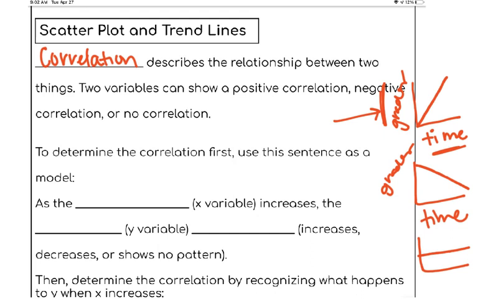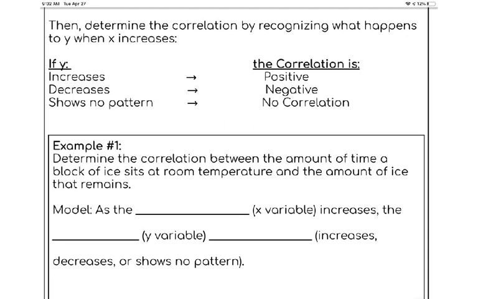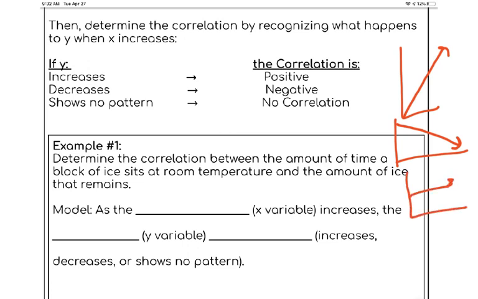So as our time increases, our grade increases or decreases. Then you're going to determine the type of correlation. If Y is increasing as X is increasing, it's going to be a positive correlation. If Y is decreasing as X is increasing, then the correlation is negative. And if you show absolutely no pattern, then it's no correlation.